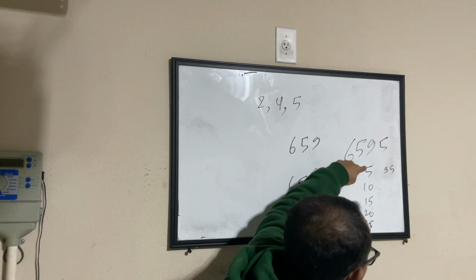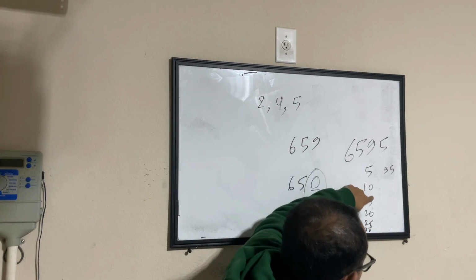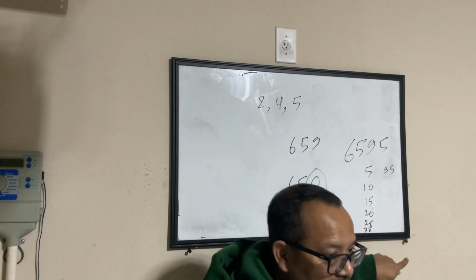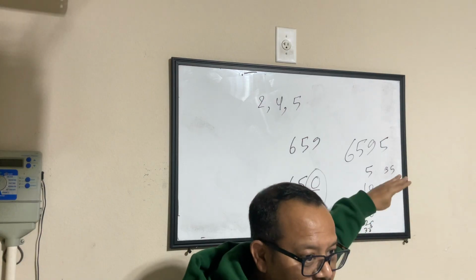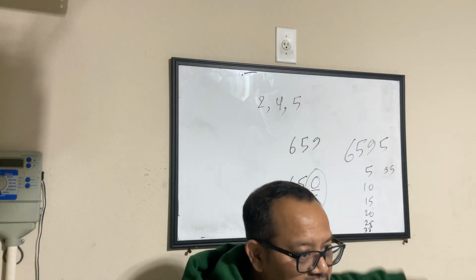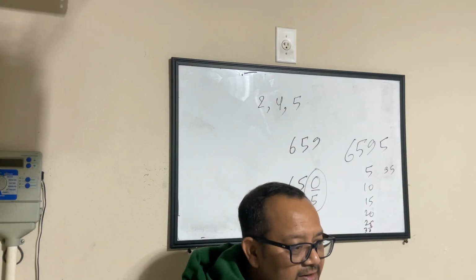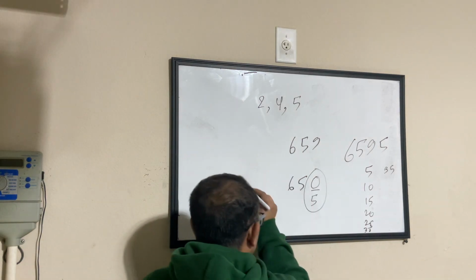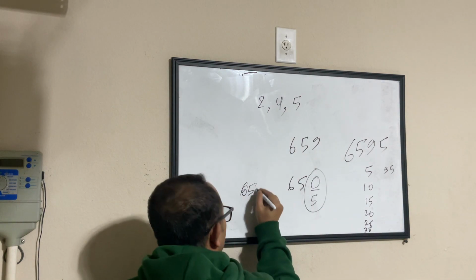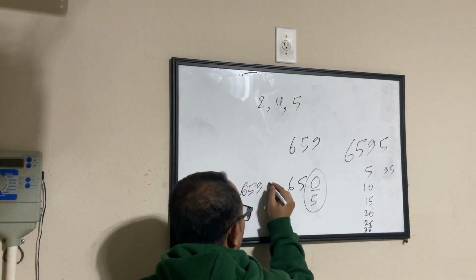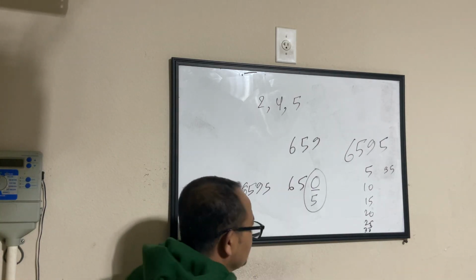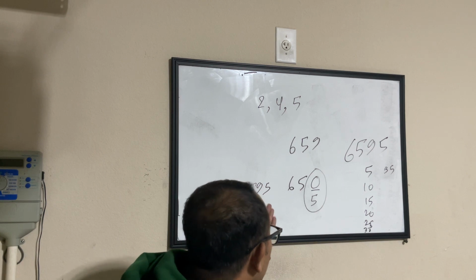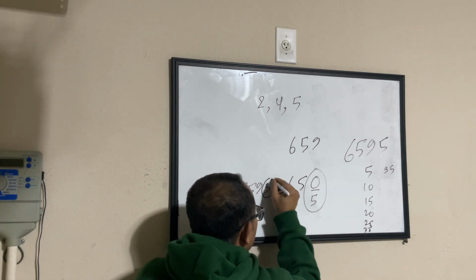What's happening? You have 5, 0, 5, 0, 5, 0, 5, 0, and that sequence just goes on. What if the number is like 6595, something like that? Doesn't matter, we are fine. 6595 is fine. You are only looking at the unit place.